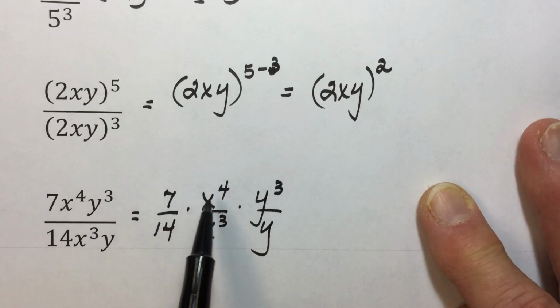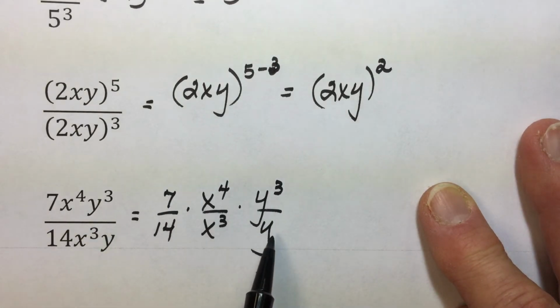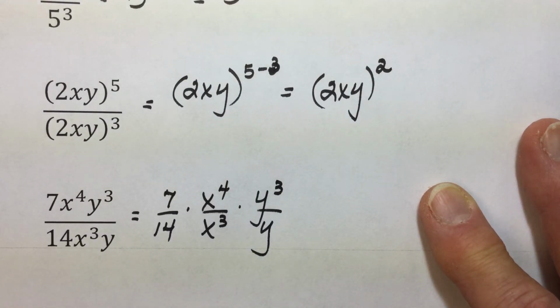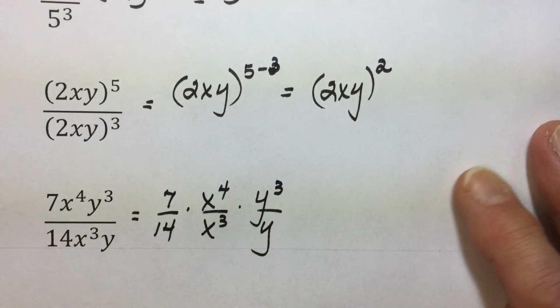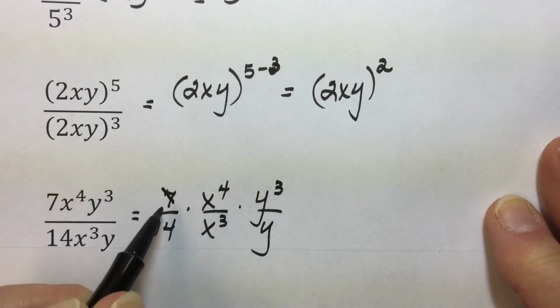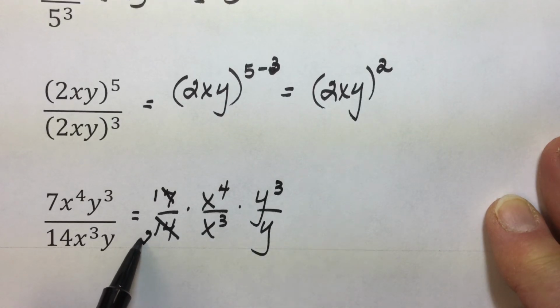If we multiply these fractions together, we do get the original numerator. If we multiply the factors in the denominator, we get our original denominator. Then simplifying each one of those fractions, we can reduce the 7/14, since 7 divided by 7 is 1, 14 divided by 7 is 2.